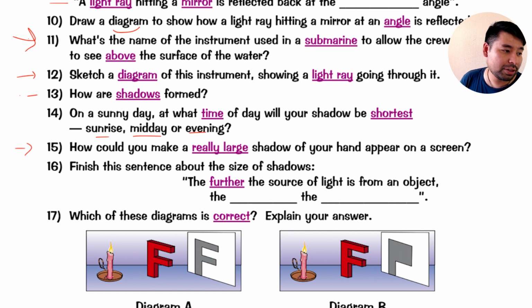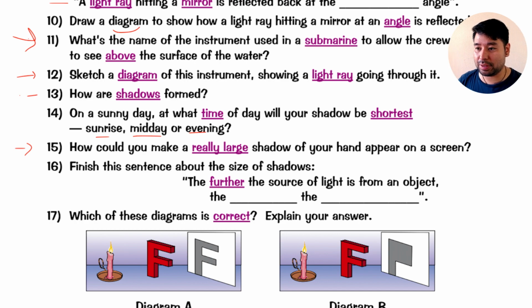And 16, finish this sentence about the size of shadows. The further the source of light is from an object, the... Remember that further is about distance. If something is further, it means it's far away, in a long distance.